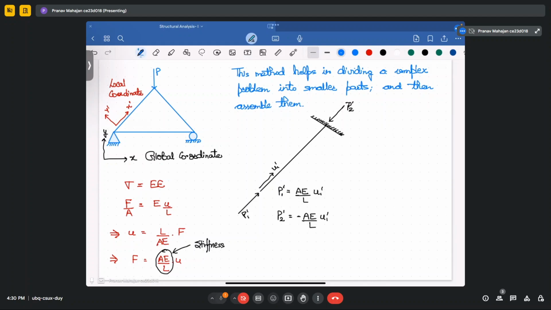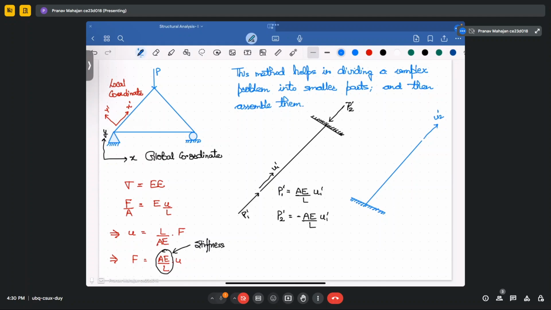Whereas when you are applying force from the other end of the member, you will fix the other side of the member and now you will apply force in this direction. Suppose due to this the deformation in the member will be u2.